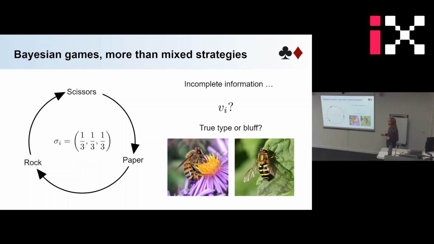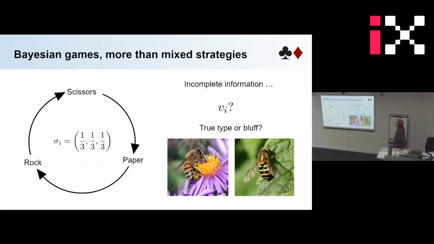It means you could choose another strategy. Let's say one of you always plays rock, but then the other person could change their strategy. So this is the strategy. If you both play 1/3 for all of them, there's no way you can change your strategy and get a better result. So in that sense, it's the Nash equilibrium, right?